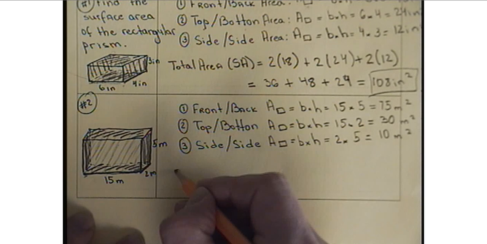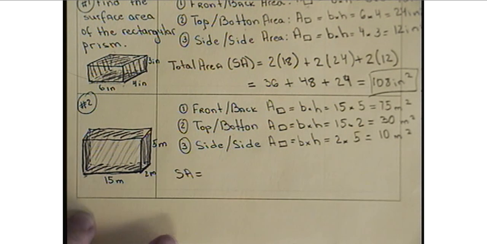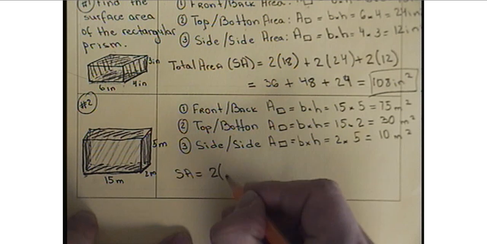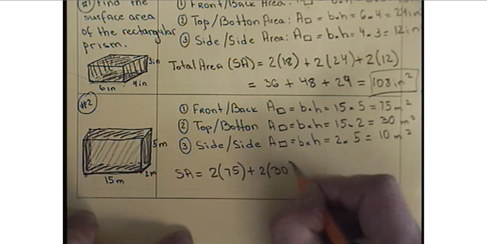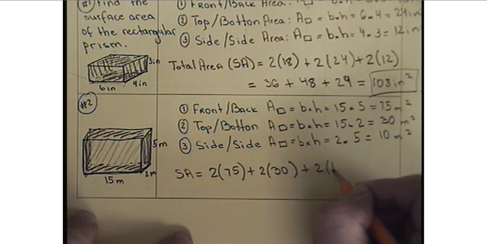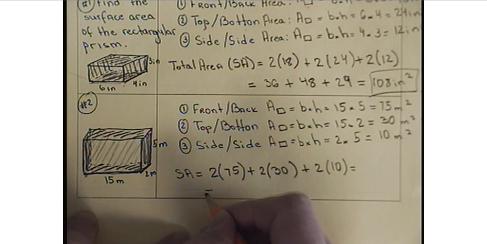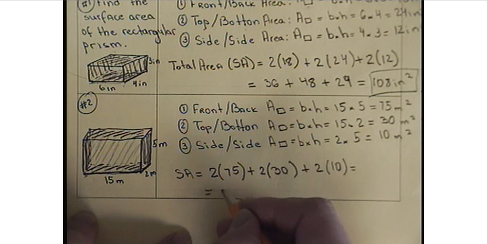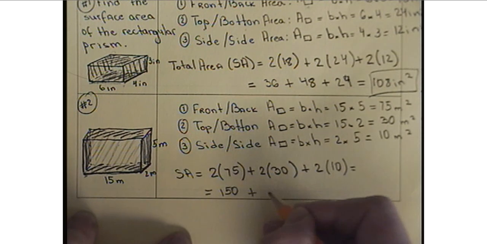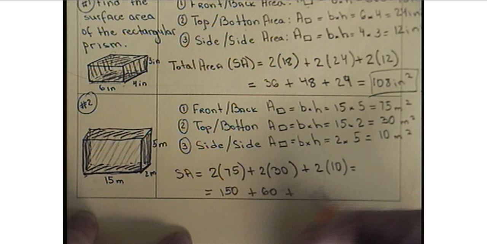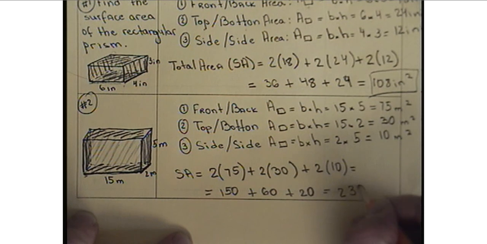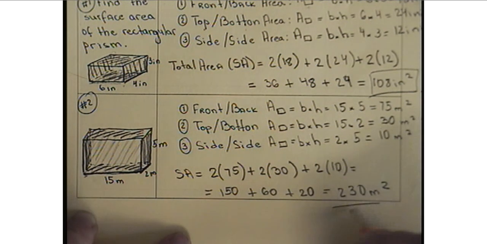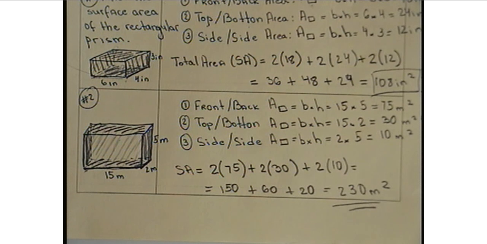So the total surface area will be equal to twice the first one, 75, plus twice the second area, 30, plus twice the third area, 10. So we get 2 times 75 is 150, plus 2 times 30 is 60, plus 2 times 10 is 20. 150 plus 60 is 210, plus 20, we get 230 square meters. That is the final answer for this prism.